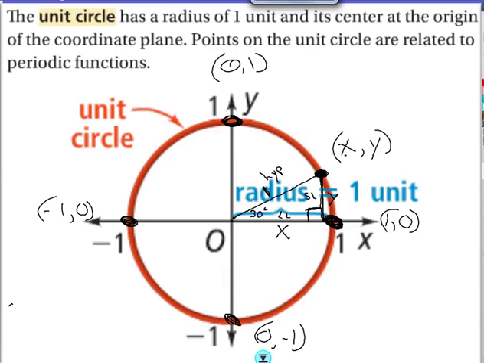How do you go from the hypotenuse to the short leg? Somebody remember the pattern. 30, 60, 90 triangles. How did we go from the hypotenuse to the short leg?